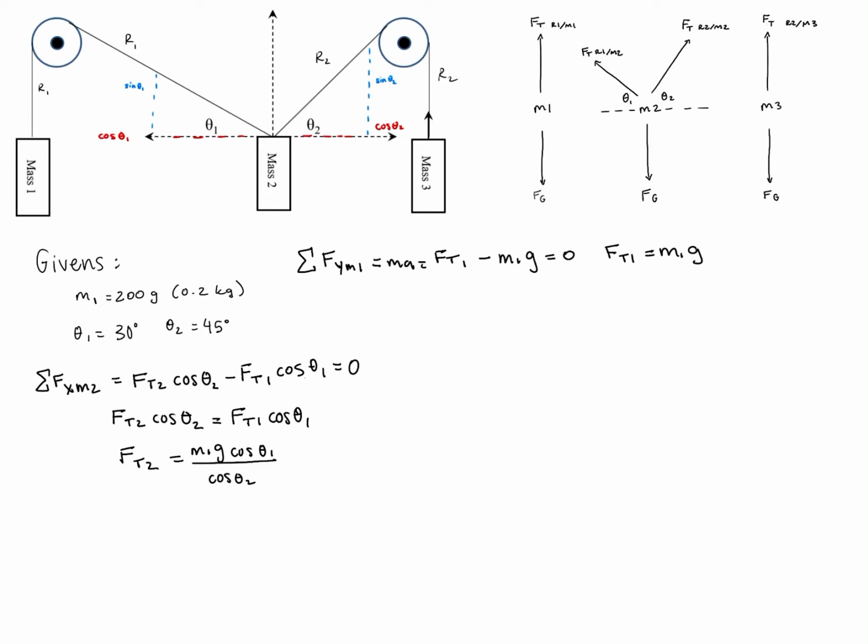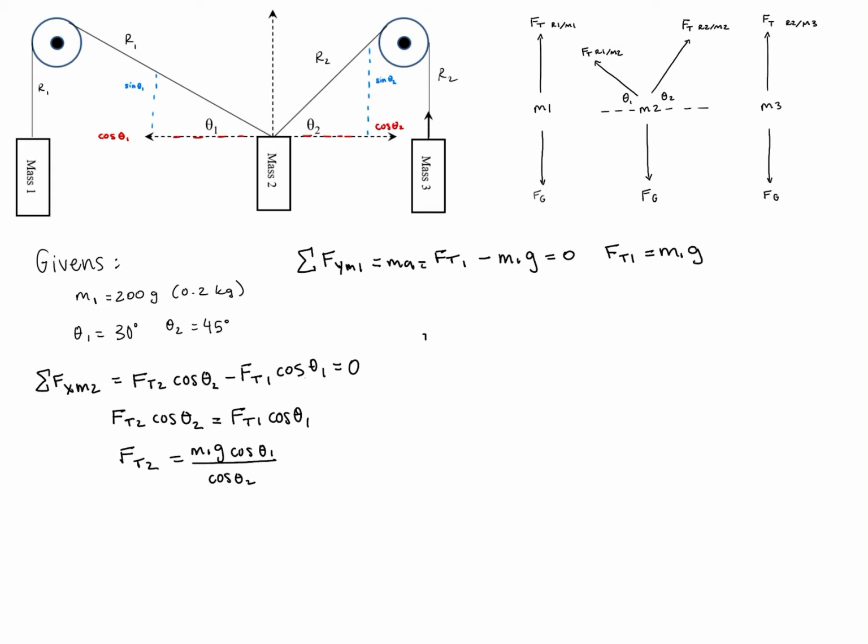And now we do the y direction, and since we have force gravity acting on the mass in the y direction, which is mg, we will use this to isolate the mass of mass 2.